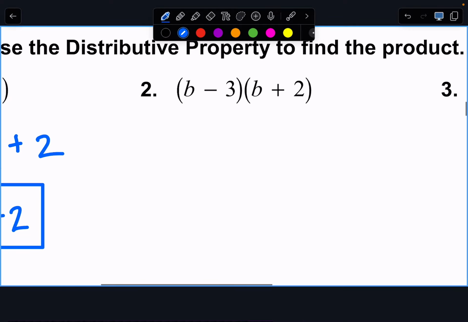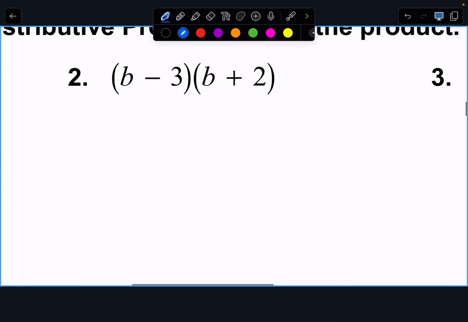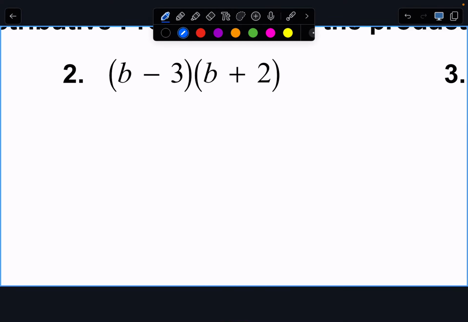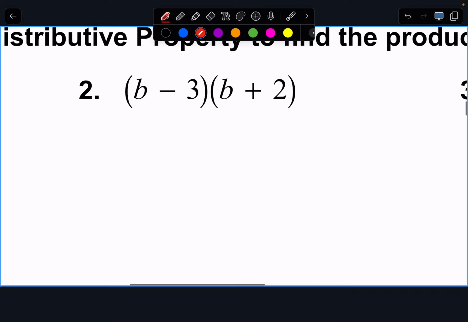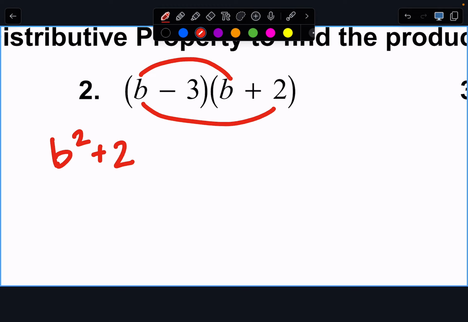Look at number 2. First gives us b squared. Outside gives us, I'm going to write plus 2b.